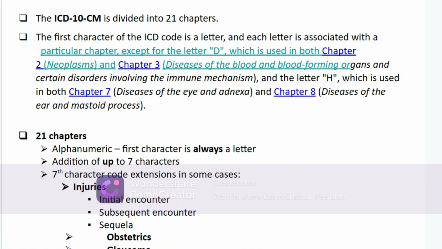ICD-10-CM is divided into 22 chapters. The first character of the ICD-10 code is a letter, and each letter is associated with a particular chapter.